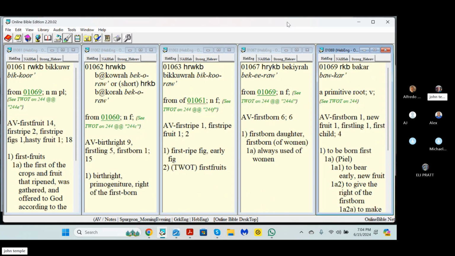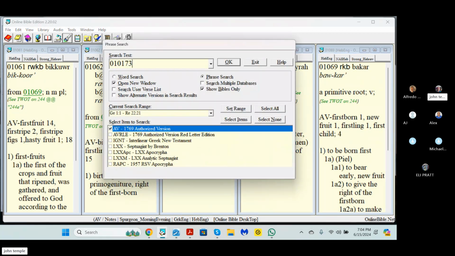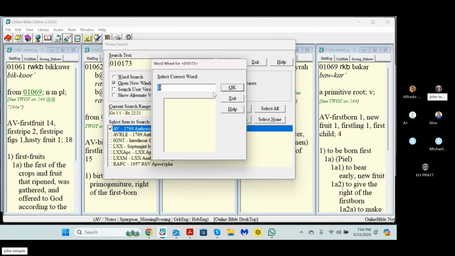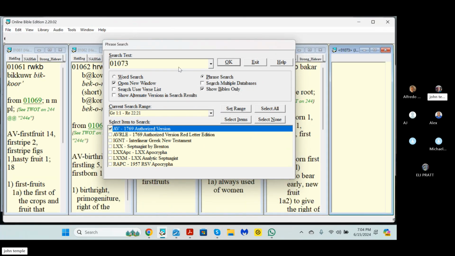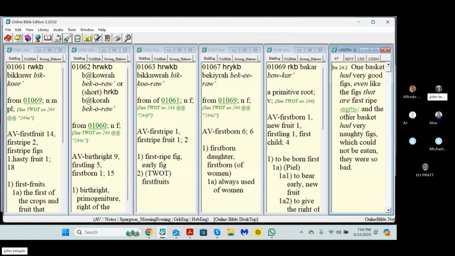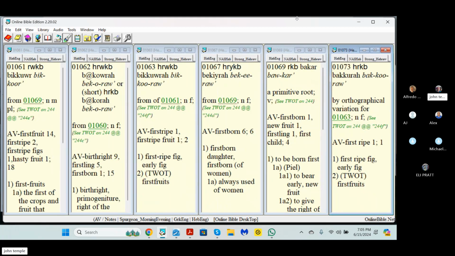And then 1073. We looked at already. So we'll put it up here just so you have it. There we go. That's one time. And that's it. That's the Bikkurah. So those are the main ones there. And if you put all of these verses together, you'll find some good stuff about first fruits, firstborn, first ripe.